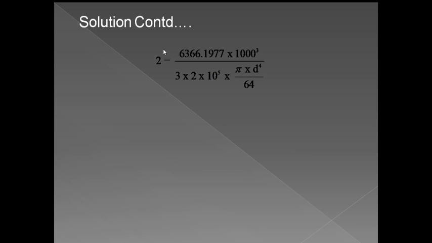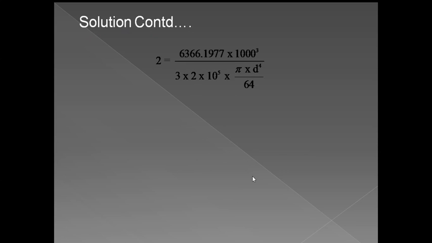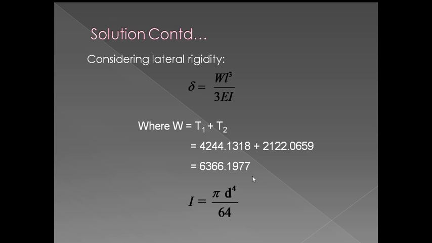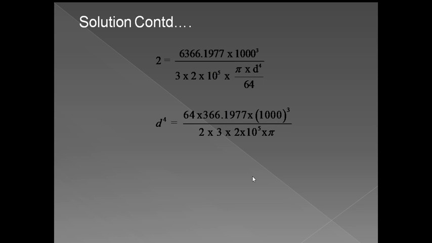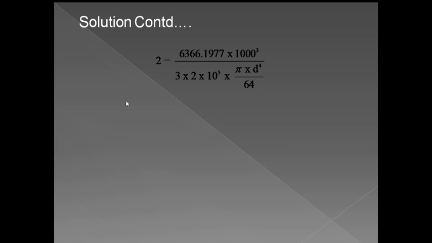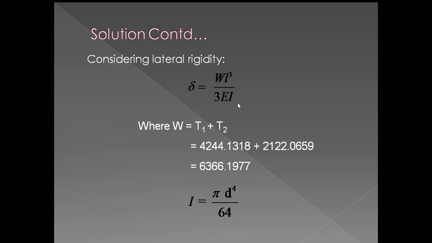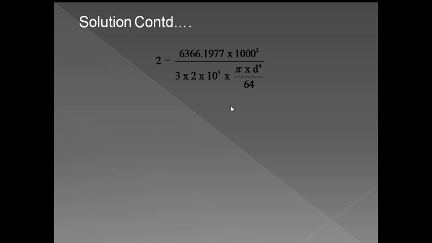So by applying all these values here, delta value is 2, W equals 6,366, into L is 1000 cube, divided by 3 into 2 into 10 to the power of 5 into pi into d to the power of 4 by 64.